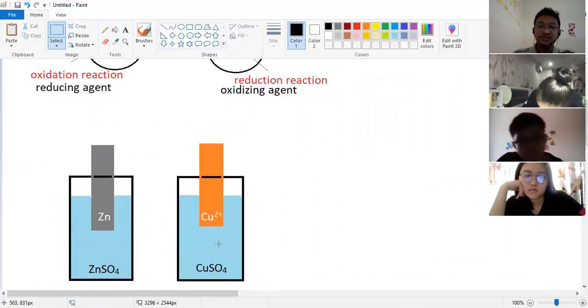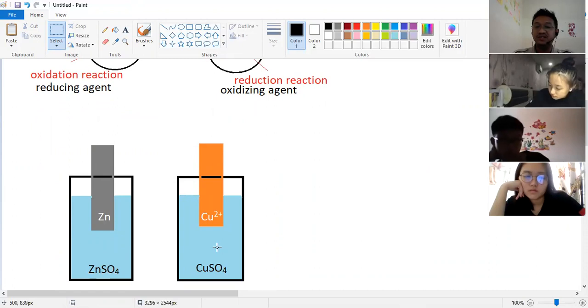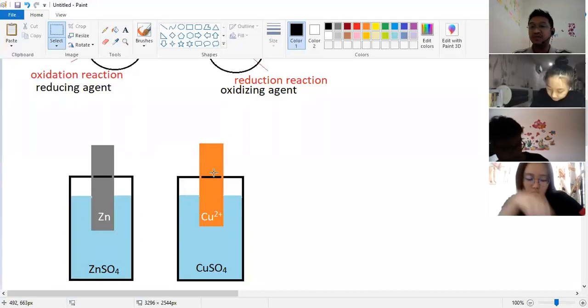So we have containers with solutions. One is a solution of zinc sulfate, while the other one is a solution of copper(II) sulfate. Now we have two metal plates here, one a zinc plate and the other a copper plate.